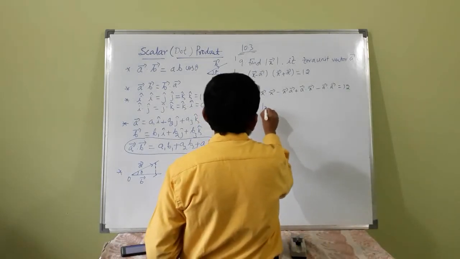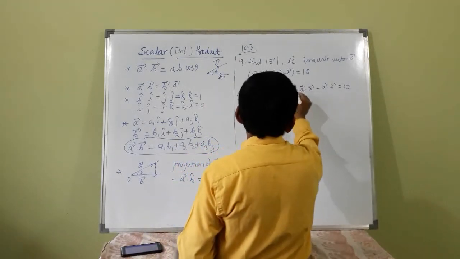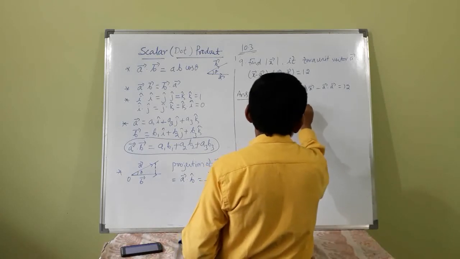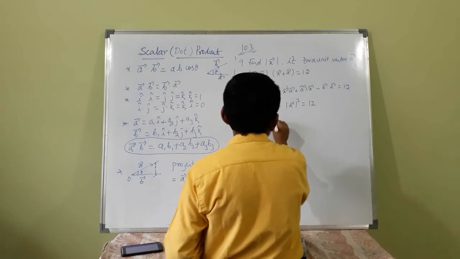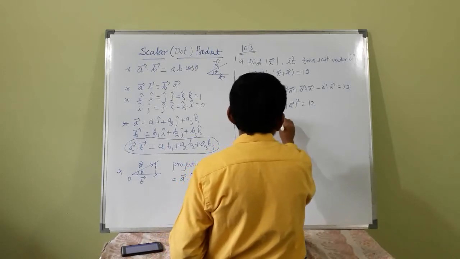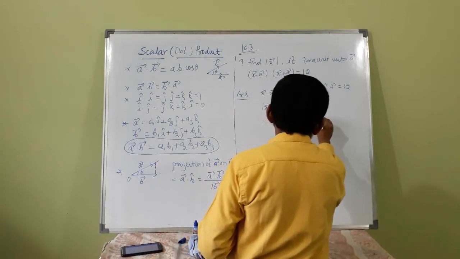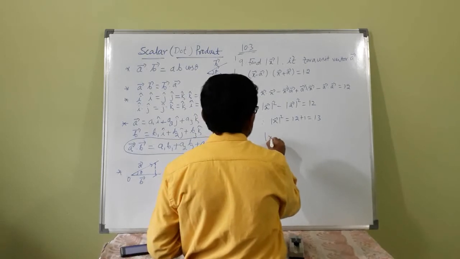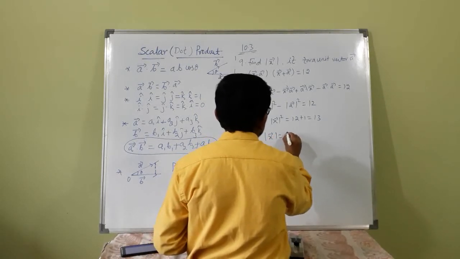X dot x is x square. This gets cancelled. Minus A dot A is equal to 12. Therefore, magnitude of x square is equal to 12 plus 1 is 13. What is asked? This is root 13.